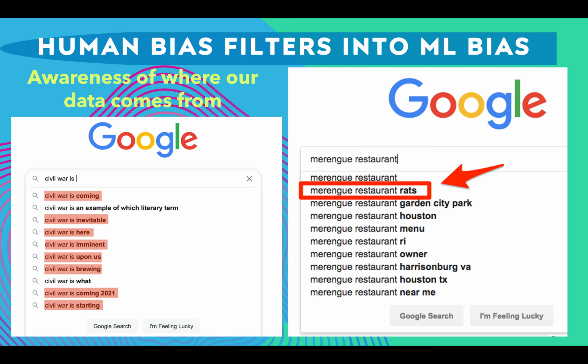It could be maybe only 100 people search for this restaurant. And 10 of those people, without even there being a rat incident, just want to know, are there rats there? And just by the fact that those 10% of people wanted to know if rats were there, Google now associates that restaurant with the word rats, forever blacklisting this restaurant when you search for it, for people now to assume that there's rats.